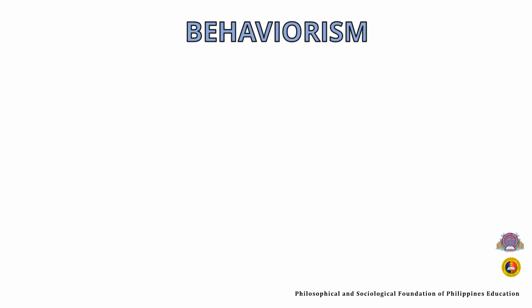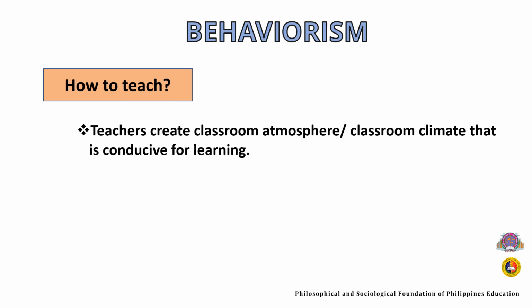How to teach in behaviorism. Teachers create a classroom atmosphere or classroom climate that is conducive for learning. So, we are going to consider here the physical climate as well as the psychological climate.